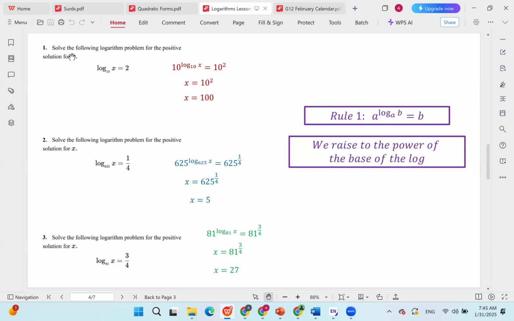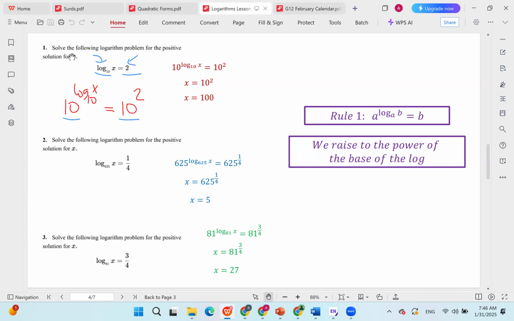So the way to isolate the x here would be to have 10 to the power of the left-hand side equals 10 to the power of the right-hand side. So I'm creating some sort of change on the left and the right. They will now become powers, and on both sides, the base is going to be 10.